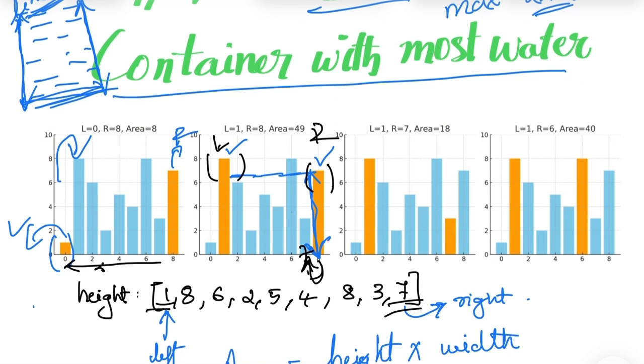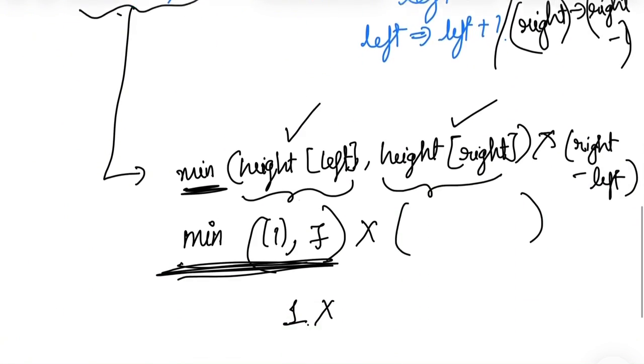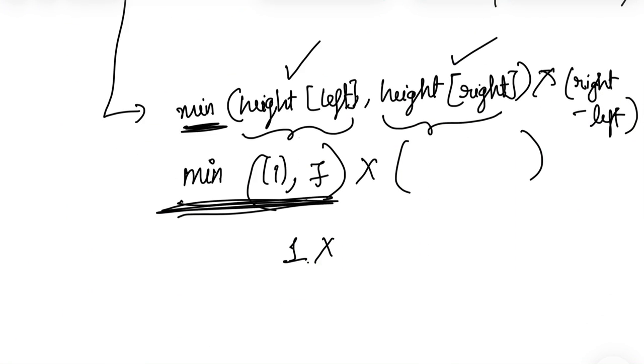From here to here we get the x-axis: 1, 2, 3, 4, 5, 6, 7 and 8. So 8 minus 0 gives us 8. So what will be the area? Area is equal to 8.